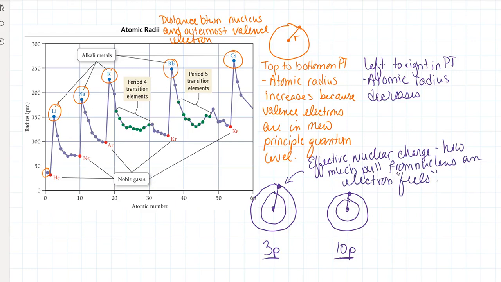we're going to see that this electron has an effective nuclear charge of +1 because these 2 core electrons cancel out 2 charges of the protons.